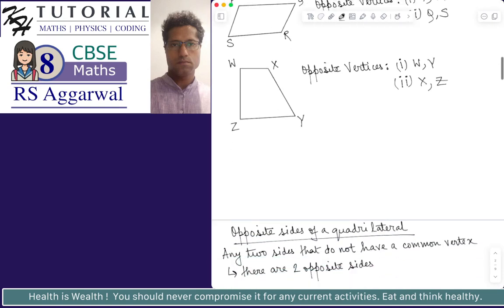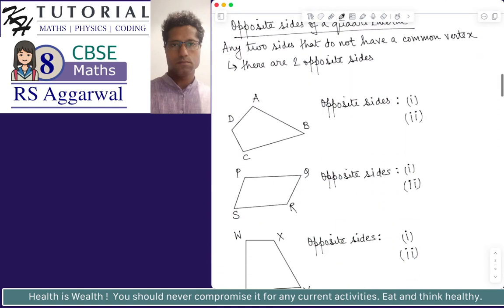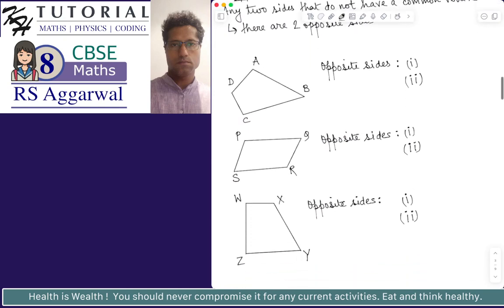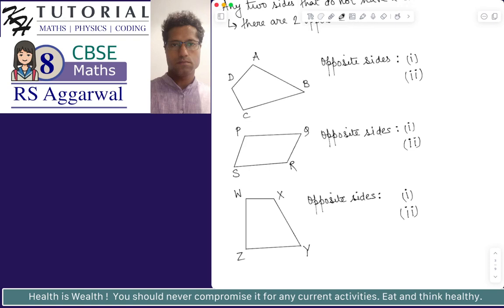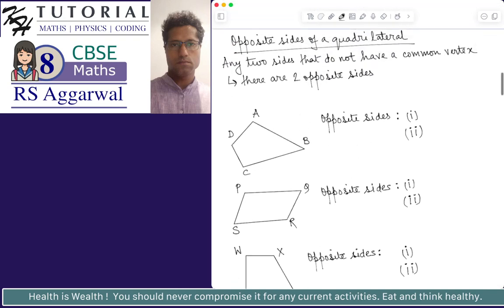Okay. Now let's see what is opposite sides of a quadrilateral. What do we mean by opposite sides of a quadrilateral? There are four sides of a quadrilateral, and there are two set of opposite sides of a quadrilateral. Let's understand. Now what is the definition says? Any two sides that do not have a common vertex, they are known as opposite sides.